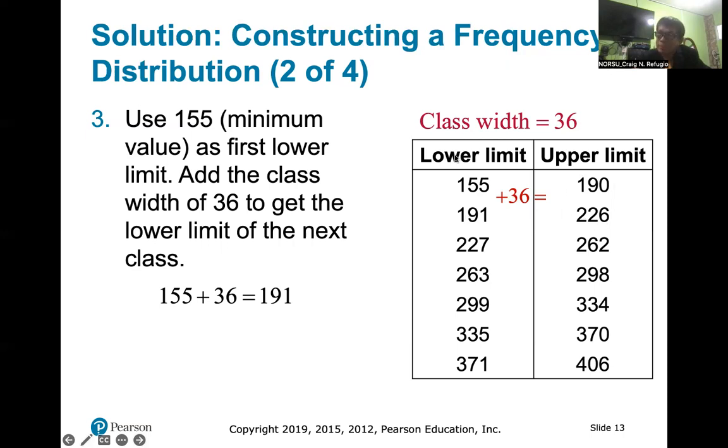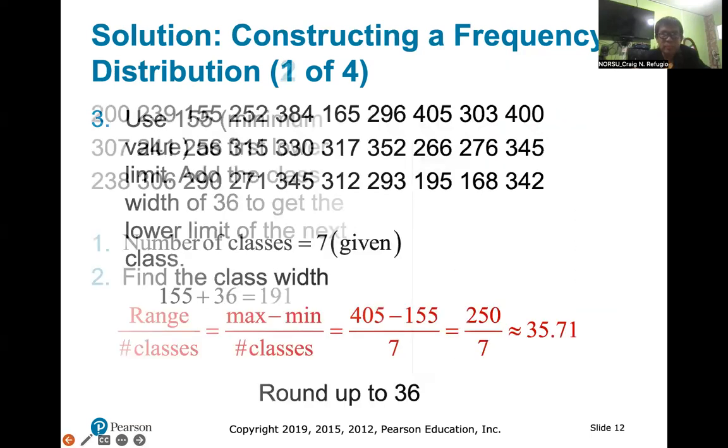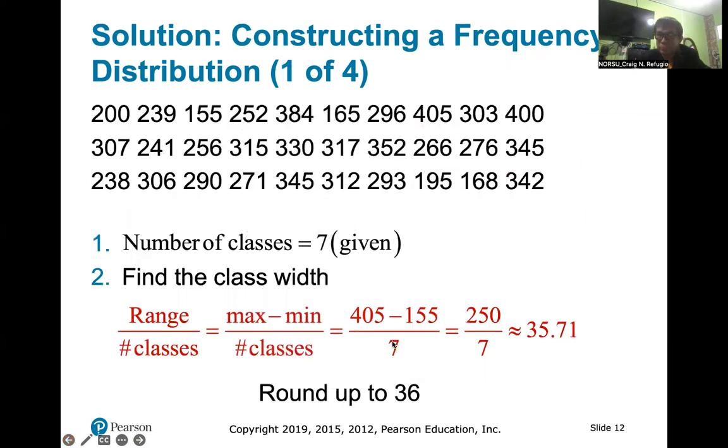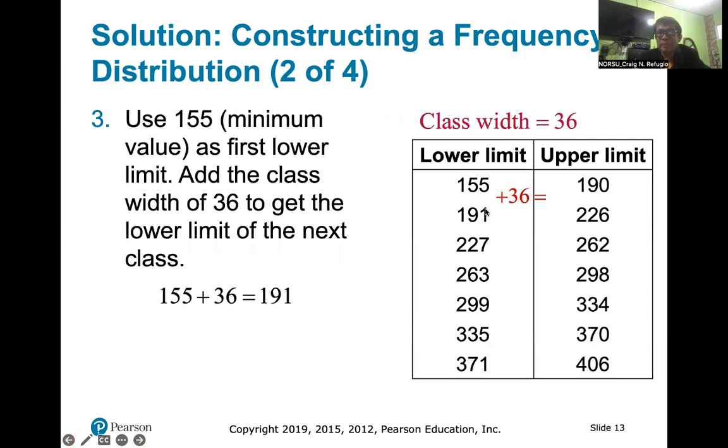So again, we start with the lowest value, the minimum value found in the data set given. So 155. Then we add the class width, which is the one that we have calculated in step number 2. It's 36. So we have 191. But in here, we don't know yet the upper limit.